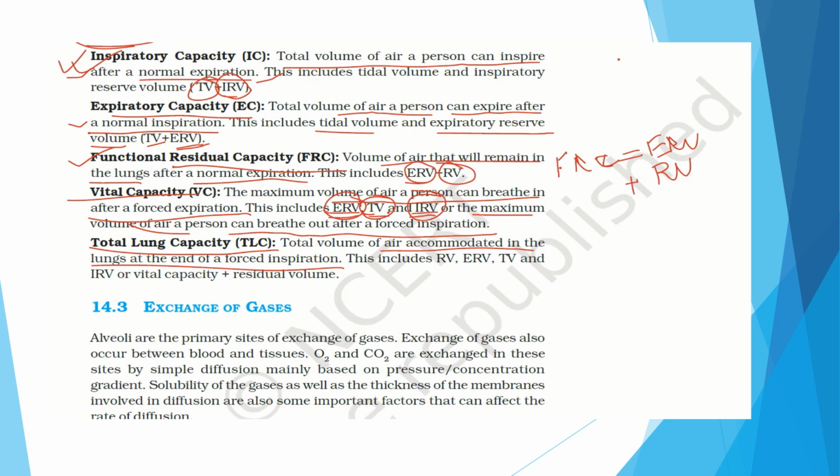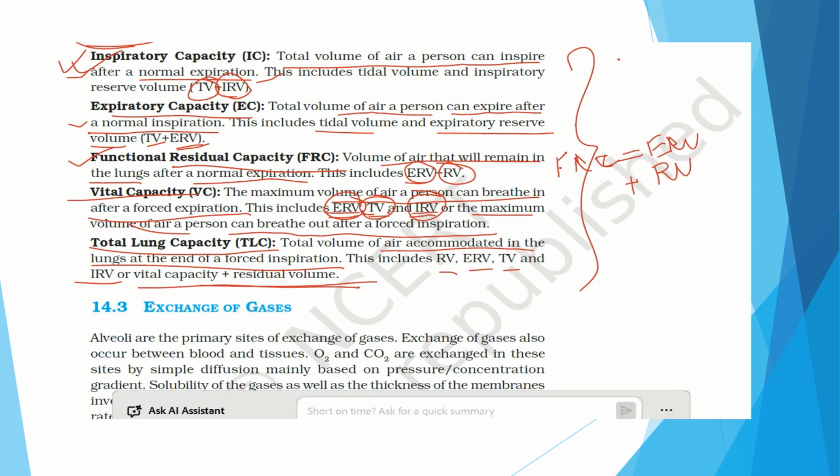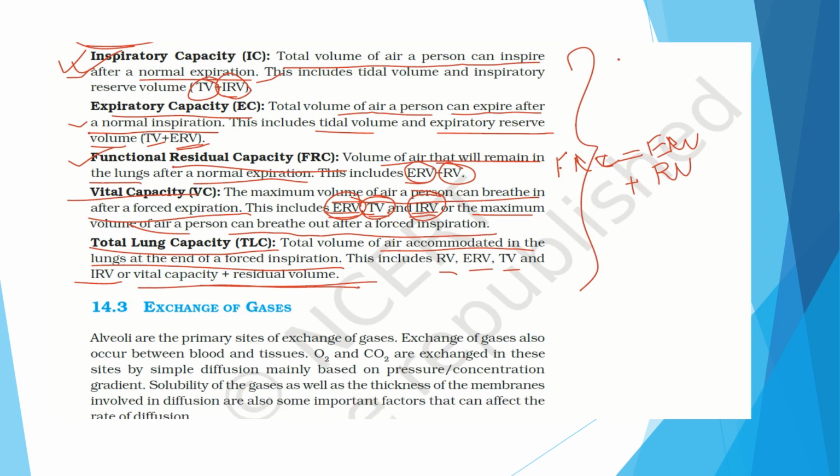That includes the residual volume, expiratory reserve volume, tidal volume and inspiratory reserve volume. So this is the vital capacity plus the residual volume. All the respiratory volumes and capacities which we have discussed today are very important. Now in the next slide, I'll be teaching you the graph, which is very important. So let us move on to the graph.